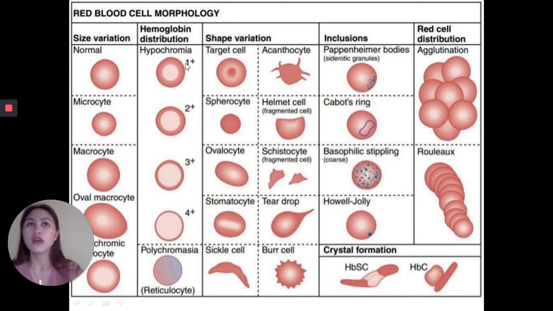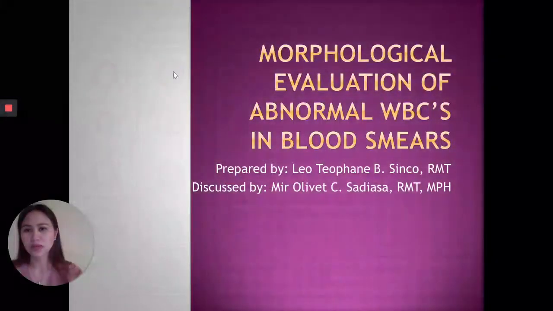If you find hypochromic cells, then you have to grade them. So what is the grade of your hypochromic cells? If you find that this is the color of your RBCs, then you grade it as 4+. If it is like this, then 3+ hypochromia, and then 2+ hypochromia, and 1+ hypochromia.